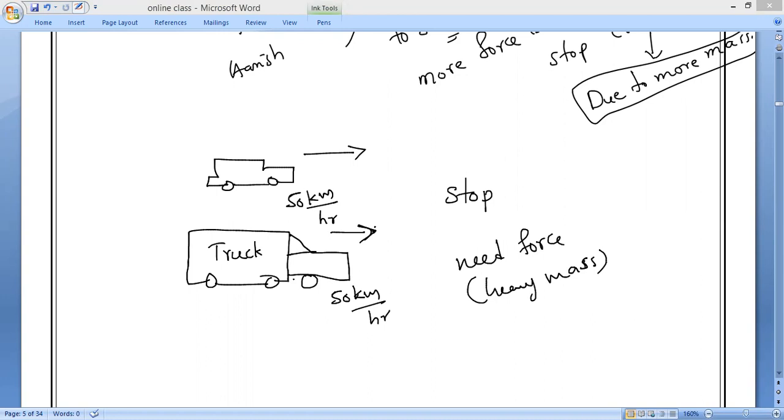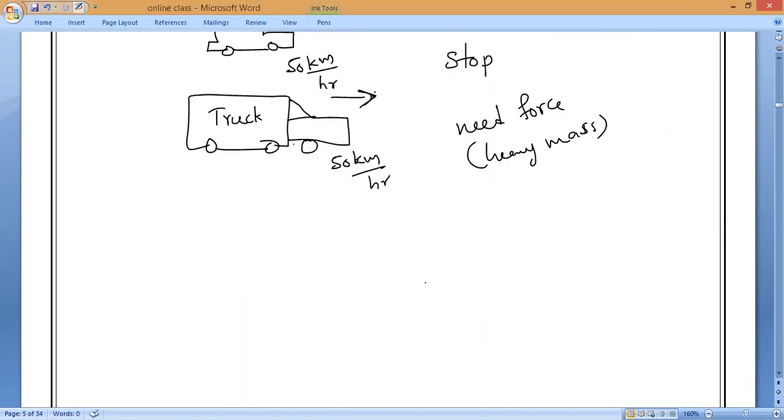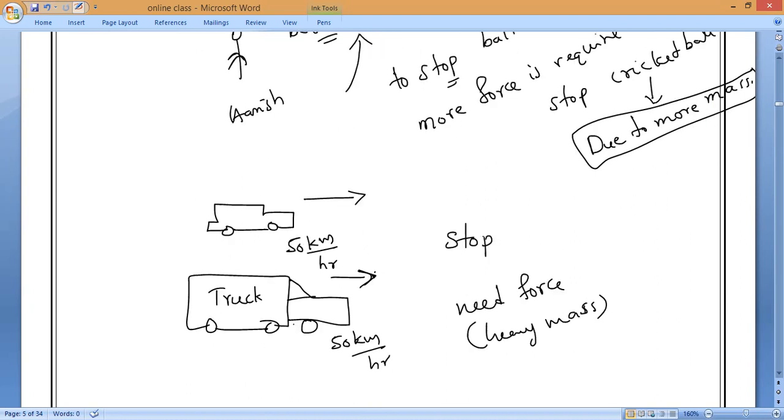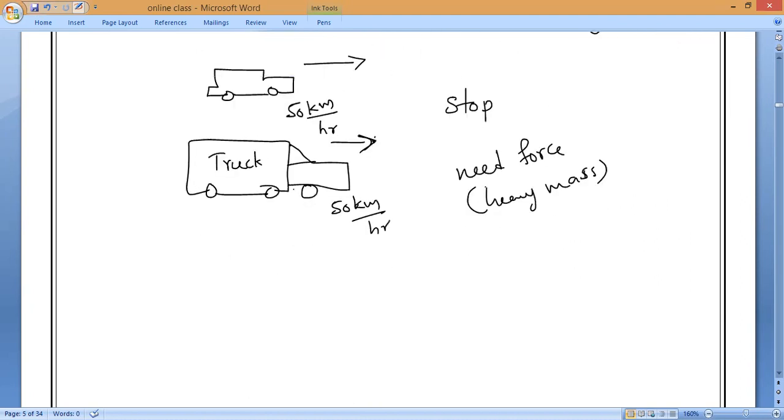Is it yes or no, guys? Yes, please respond. From this we can understand one thing. Can anybody tell me what you understand? If the mass is more, then the required force to stop the body is also more. If the mass is less, then the required force to stop the moving body is also less.